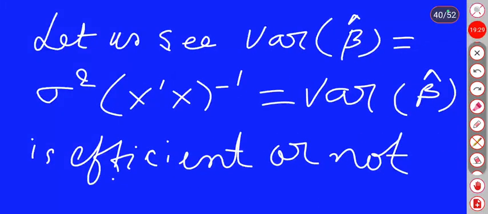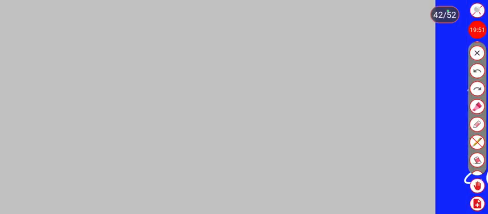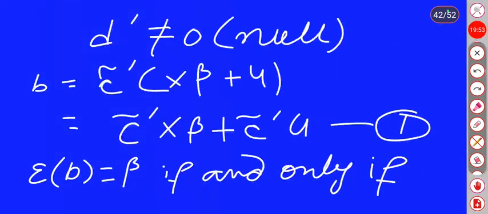Let us see whether the variance of beta hat is minimum or not, so check it. Let us consider another alternative unbiased estimator, that is b is equal to c tilde transpose y, where c tilde is equal to c plus d, with c prime plus d prime not equal to 0.